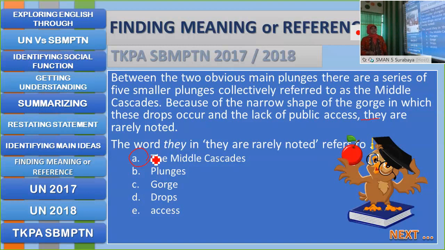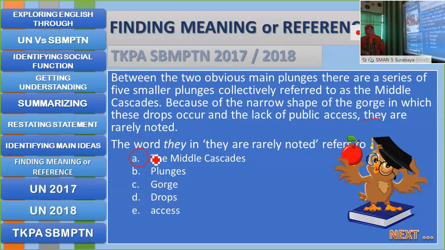Why do you think the middle cascades are rarely noted, or maybe not many people know the middle cascades? Yeah, because of the lack of public access. The access to the places is lacking, and the narrow shape of the gorge. Gorge is a kind of, apa ya, lembah atau ngarai gitu ya.